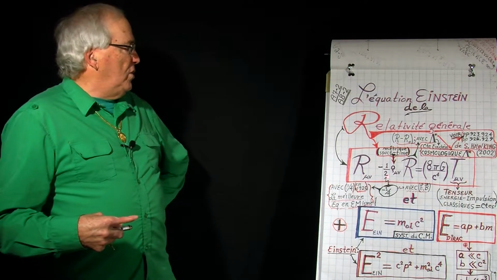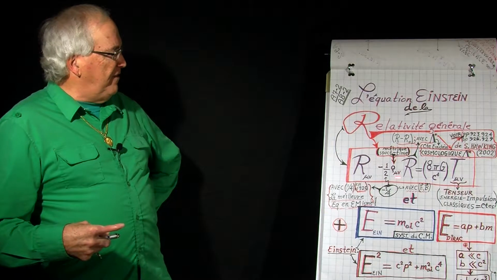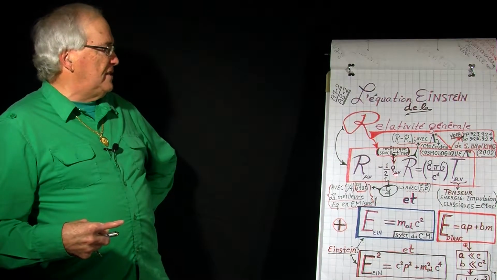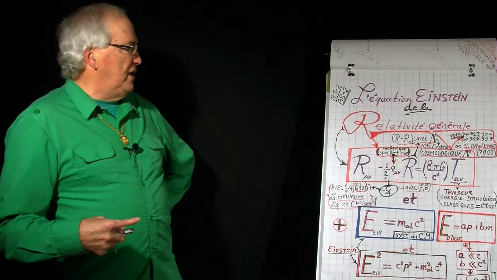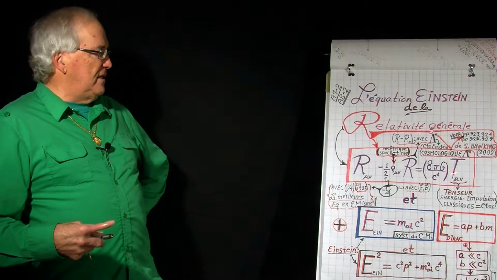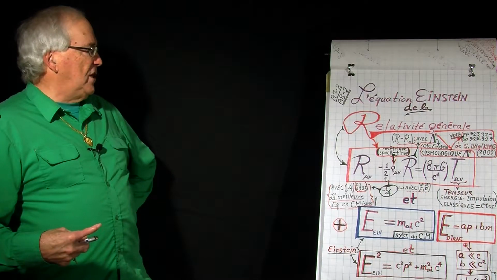Okay, so you have here the constant which varies at each point of the universe as a function really of the masses that are present in the surroundings.